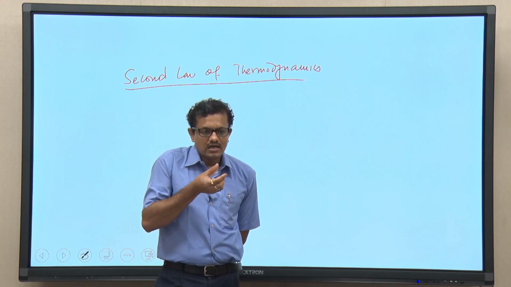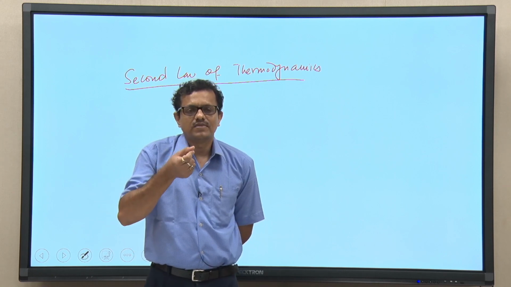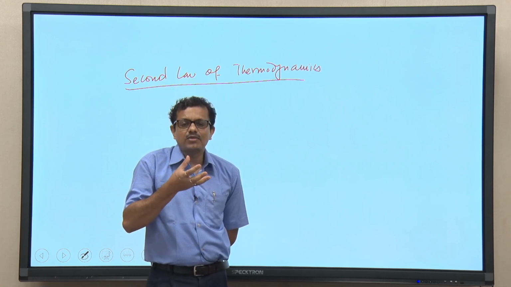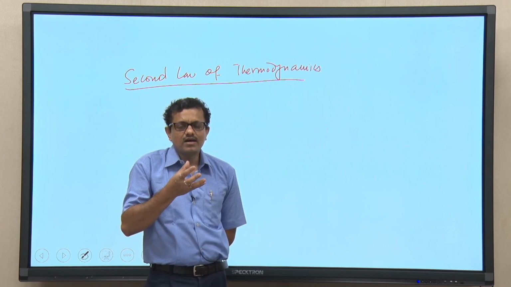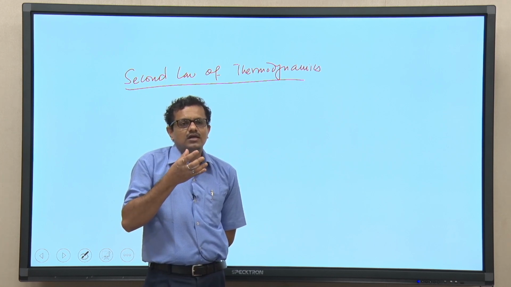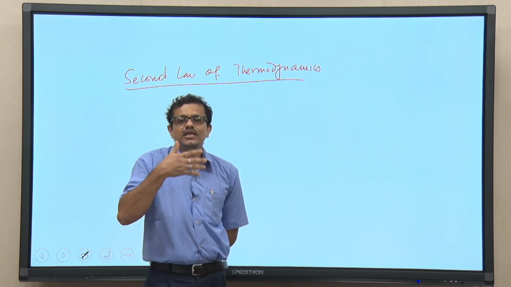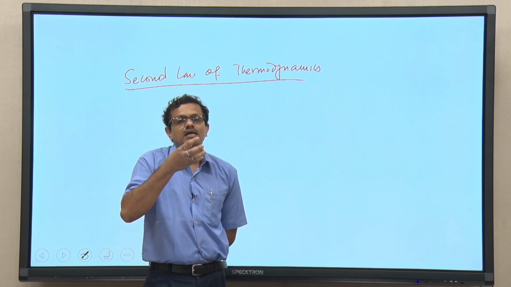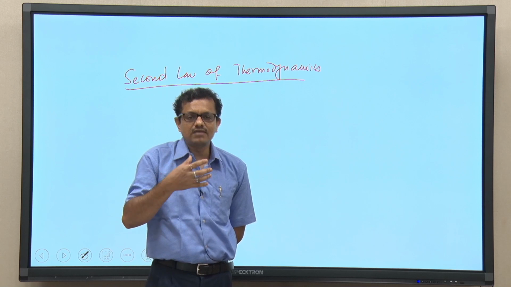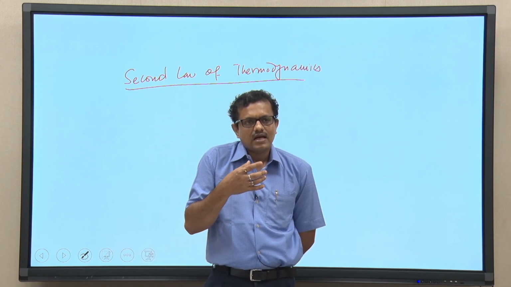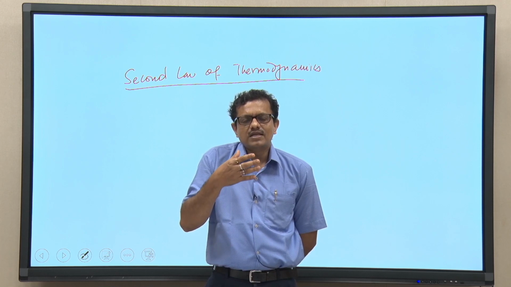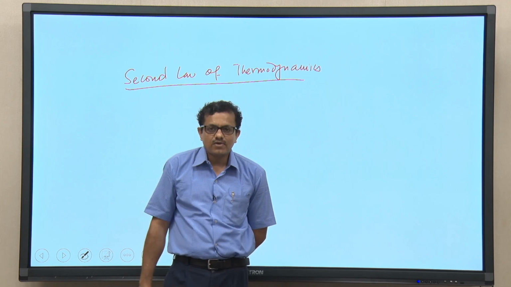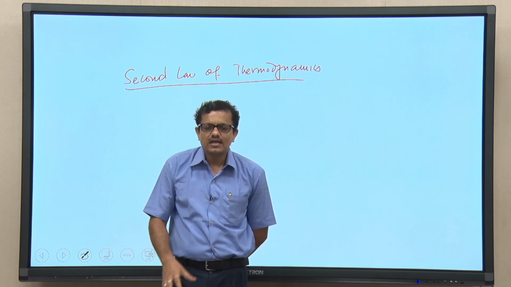So, to know the extent of the deviation of the process from the reversible process, the second law of thermodynamics will give us a clue about one particular term which can be used to quantify the deviation from reversibility. I am not going to discuss irreversibility now, but the presence of irreversibility will destroy the performance of the processes.